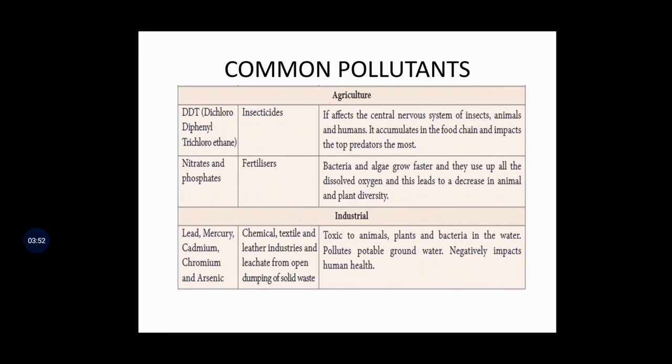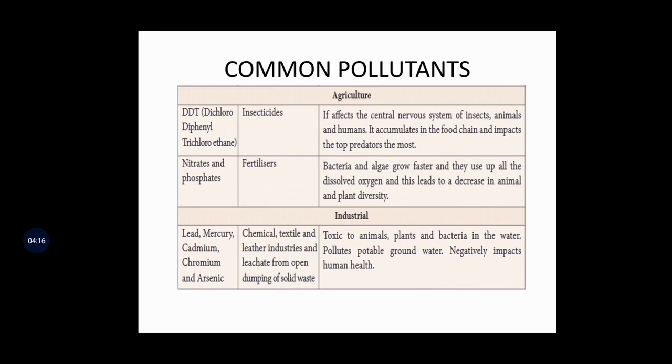So, by prolonged consumption, it will cause damage to the brain of insects, animals, as well as humans. The next common pollutant is nitrates and phosphates, which serve as fertilizer. It also does the same as insecticide does.